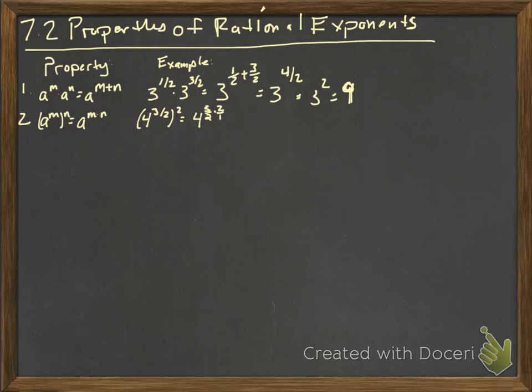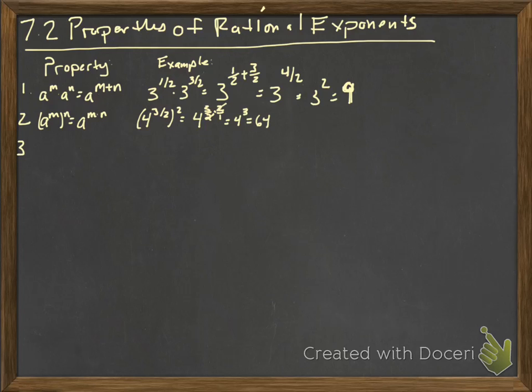Remember, if you multiply exponents, you multiply top to top, bottom to bottom, or if you see common factors in both the numerator and denominator, you can cancel them. So I have a 2 in the top and the bottom, I can cancel those, and I get 4 to the third power, which I believe is 64.